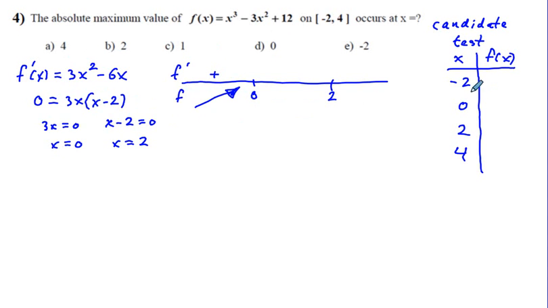If we're increasing all the way up to x equals 0, we know that we can't have an absolute maximum at -2. And between 0 and 2, we will have a positive times a negative, or negative.